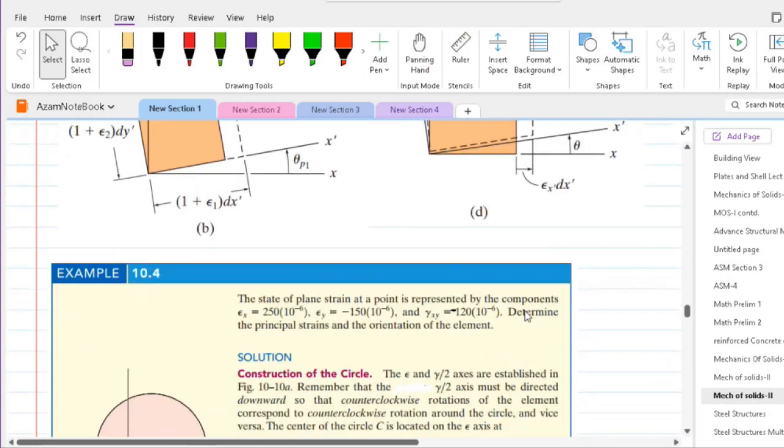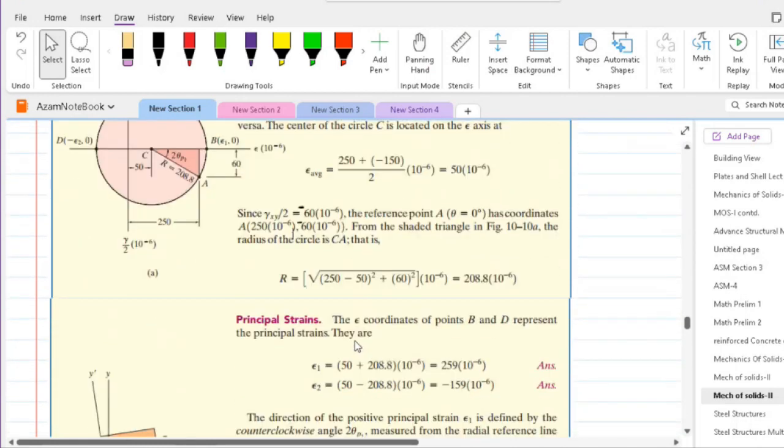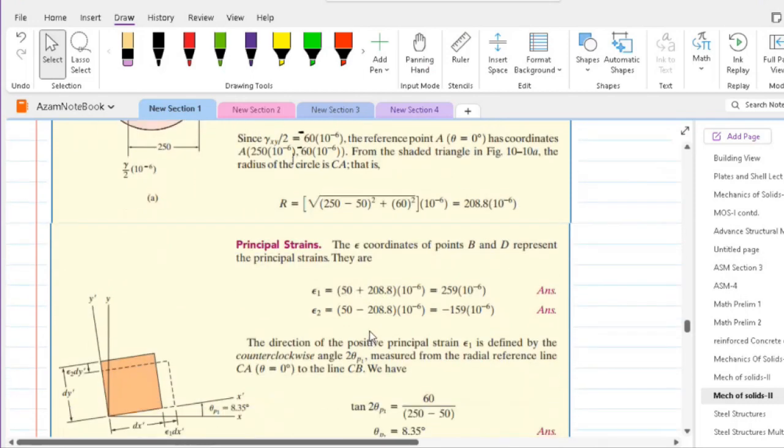We are asked to determine the principal strains and the orientation of the element. As we can see from our given state of strain, the principal axis is located at an orientation 2 theta p1 counterclockwise from our reference line AC on the Mohr circle. 2 theta p1 can be determined using trigonometry.